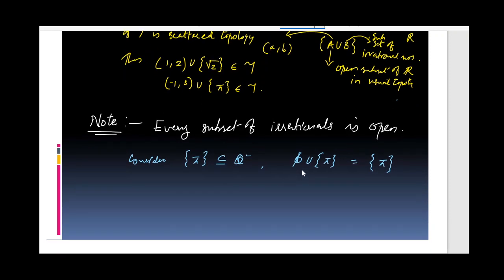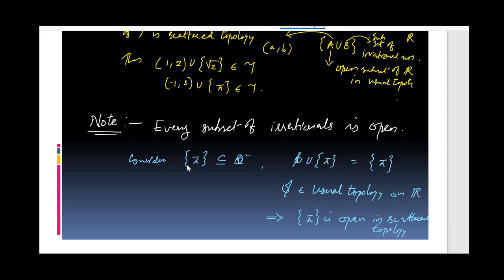Now the empty set belongs to the usual topology on R. This implies that the set {pi} is open in the scattered topology, that is, it belongs to the scattered topology.